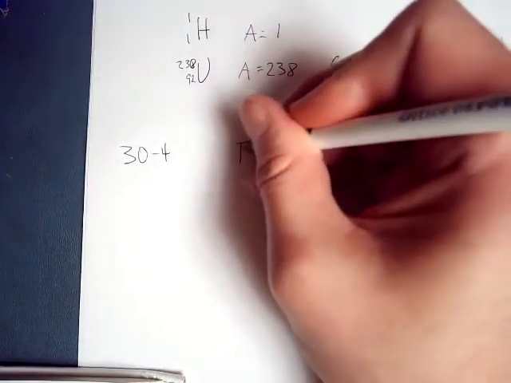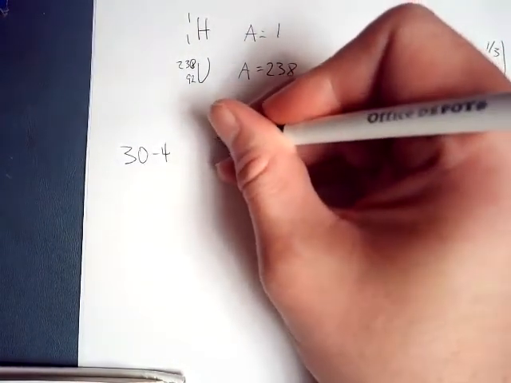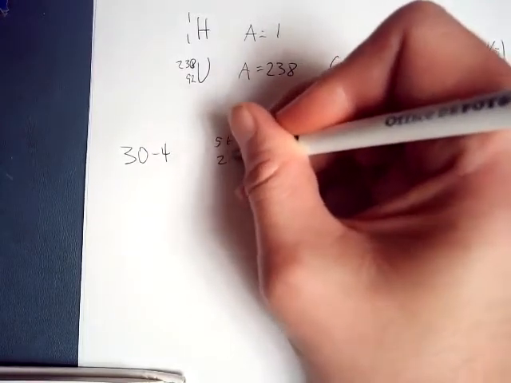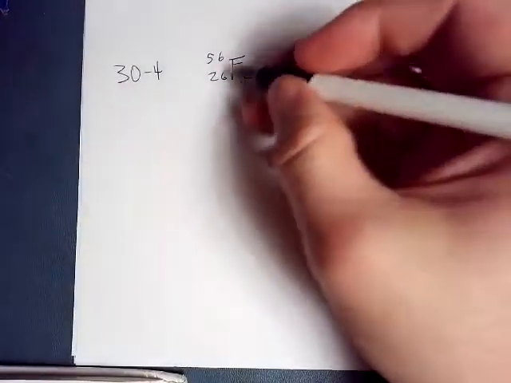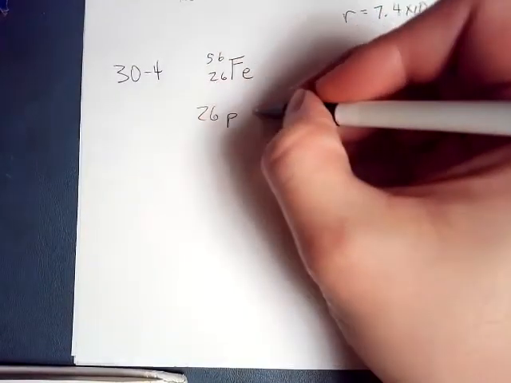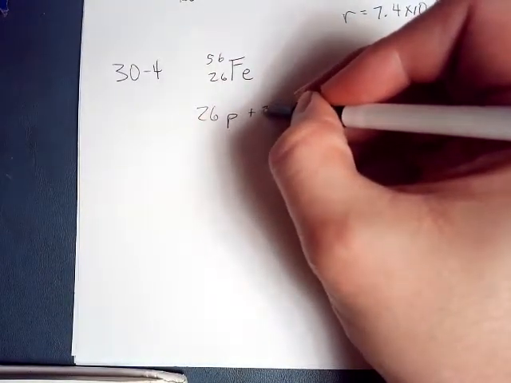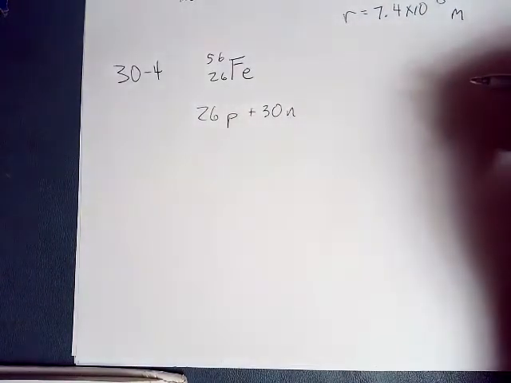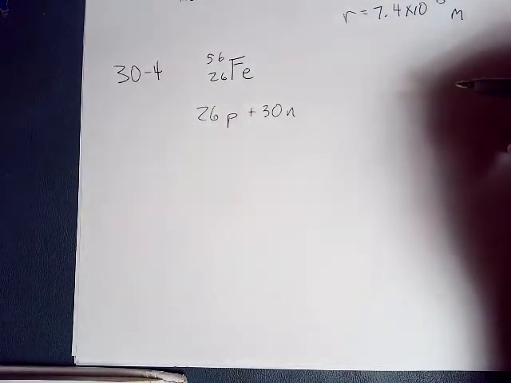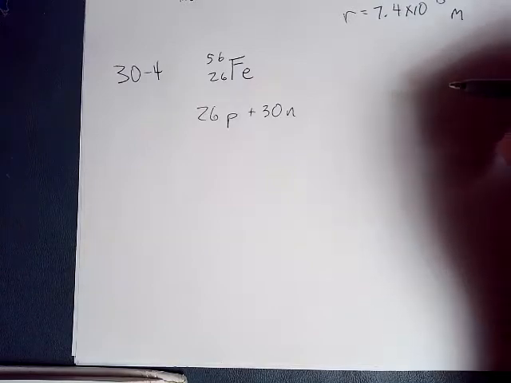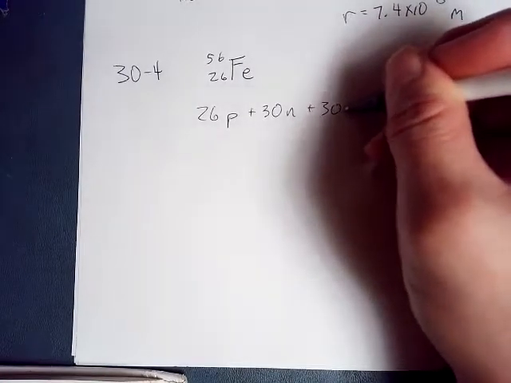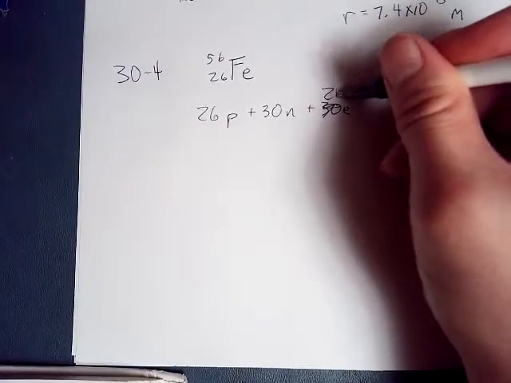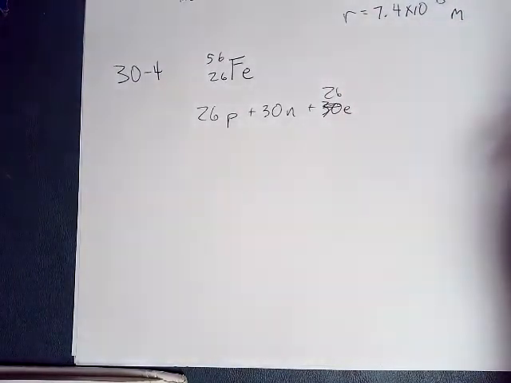So this is Fe 56, 26. That means 26 protons and 30 neutrons, and 26 electrons.